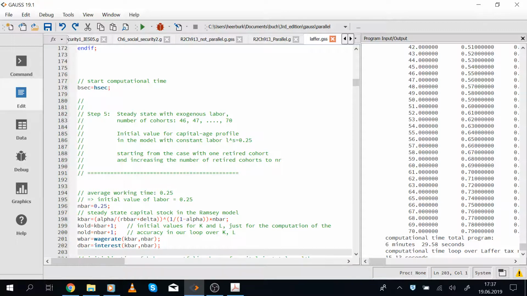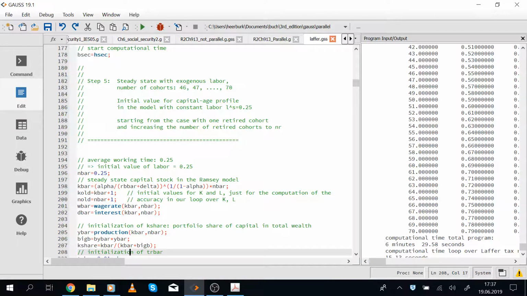And this is really a tremendous help. And we will see that it's no problem in this case to find the asset age profile of the workers and the retirees. So we have no problems computing the solution to this kind of problem.